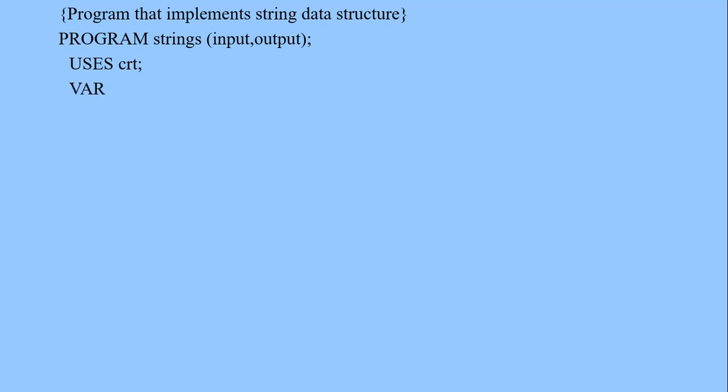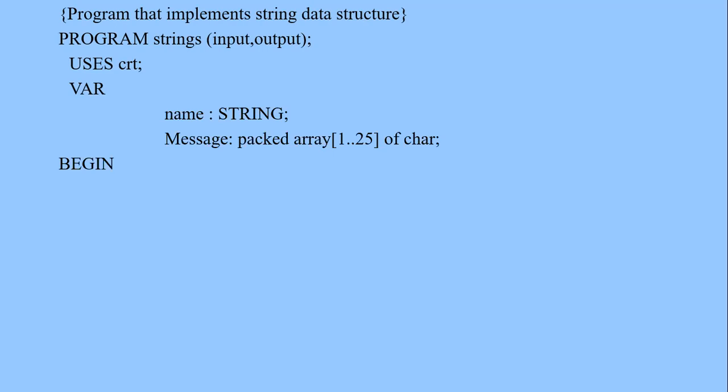Then we have variables. Which variables? I have name, which is string data type. Then I have message, a packed array of characters spanning from 1 to 25. Begin, clear the screen.